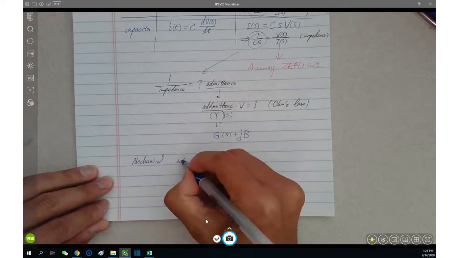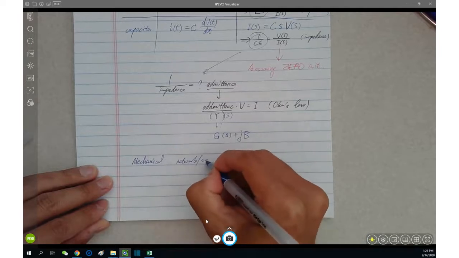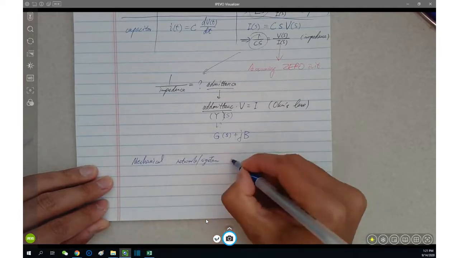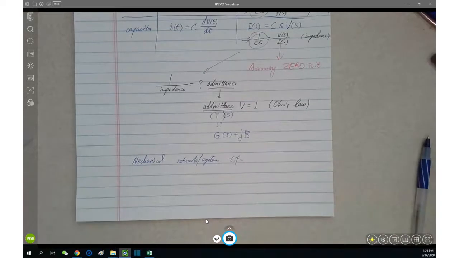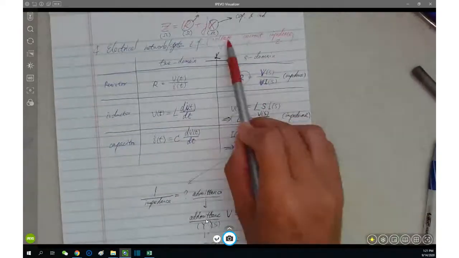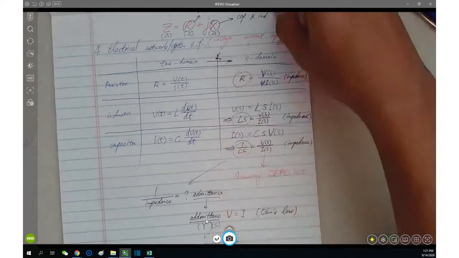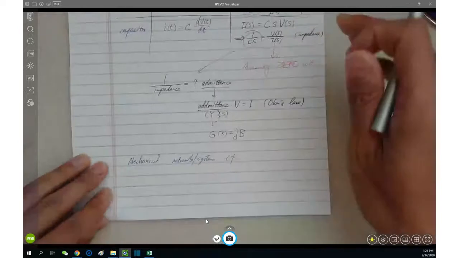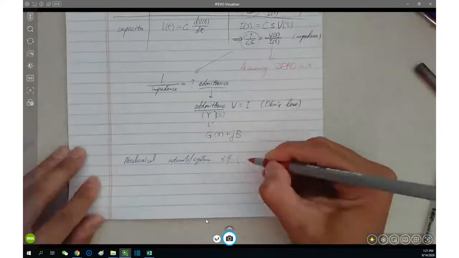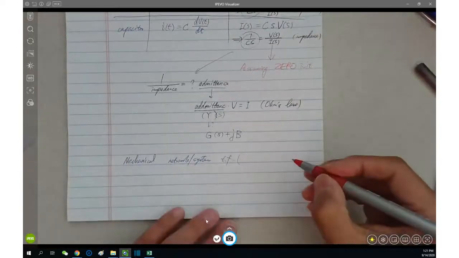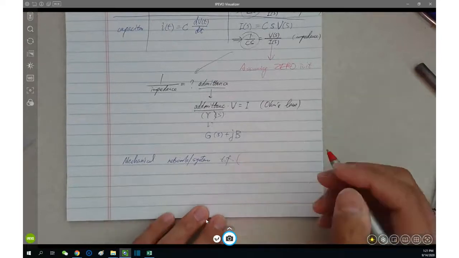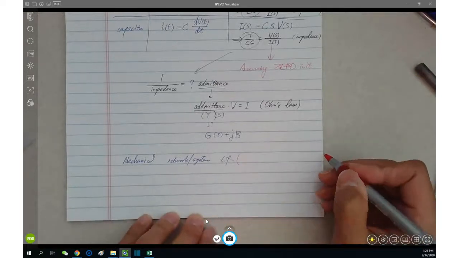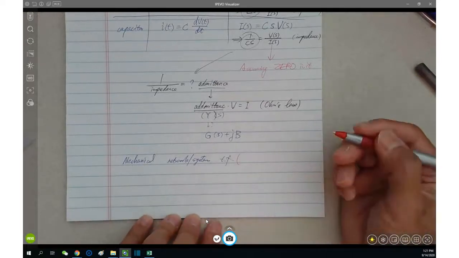Network power system transfer function. First of all, just like what we did here in red, what variables are we discussing in mechanical? Mass, spring, force, right?